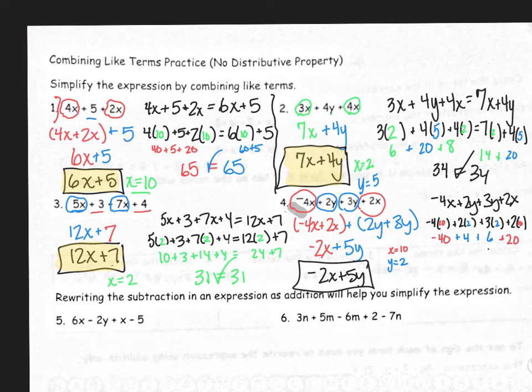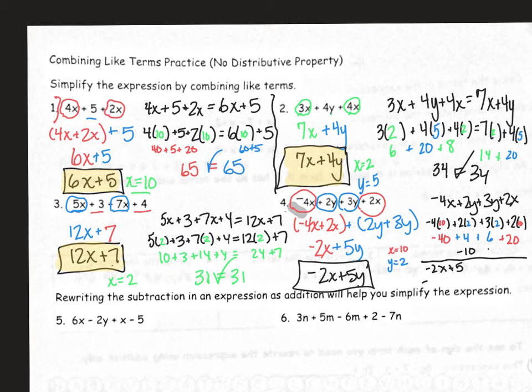Okay, so when I substituted in 10 for x and 2 for y, I ended up with negative 40 plus 6 plus 4 plus 20, and that equals negative 10. So that is the value for the original expression when x equals 10 and y equals 2. So now let me do it for the simplified version. So I have negative 2x plus 5y.